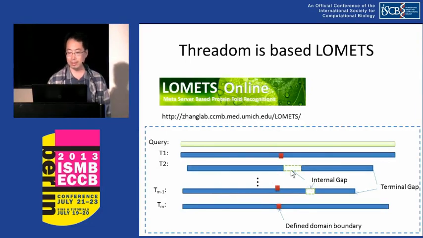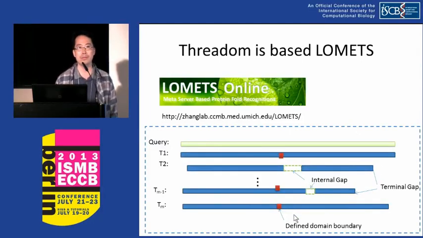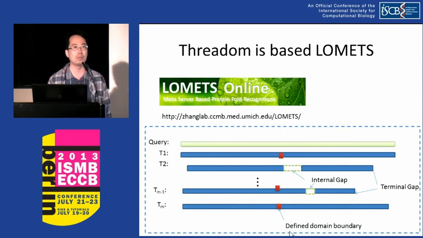In the template, there are some regions that are missing or inserted relative to the query sequence. The third is the terminal gap. The template may be shorter than the query sequence. These three pieces of information can be used to combine a domain conservation score.